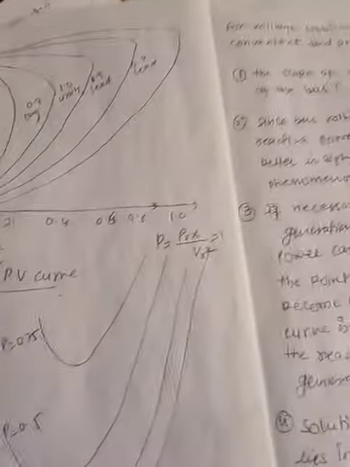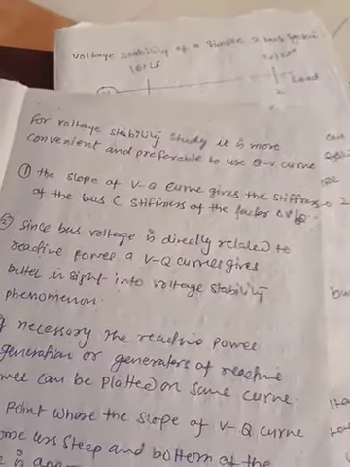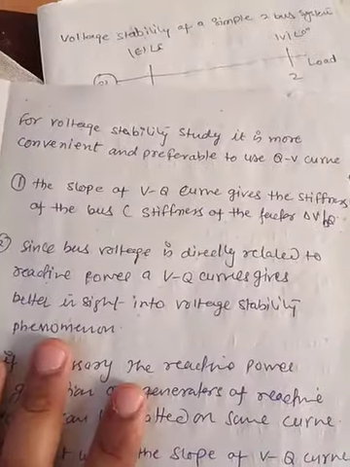So in this way you can develop the curve. Now let us discuss what are the benefits of the QV curve and PV curve. When we are talking about the PV curve, as we have already discussed, the Thevenin's equivalent can be developed, but the major drawback we have already discussed.